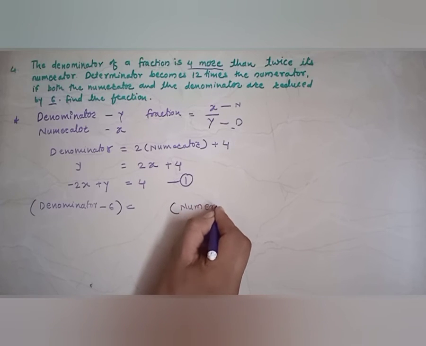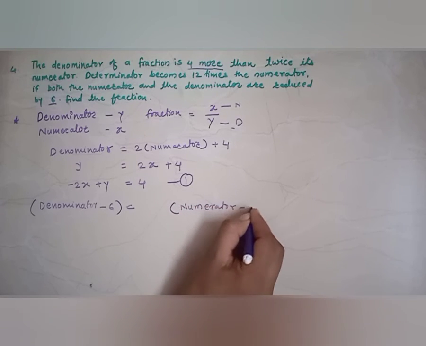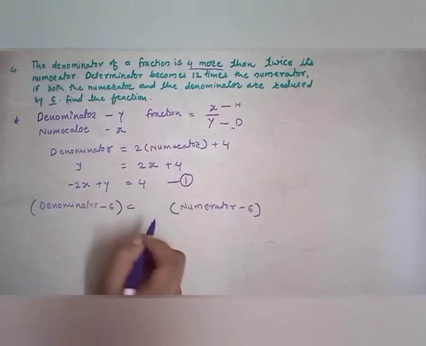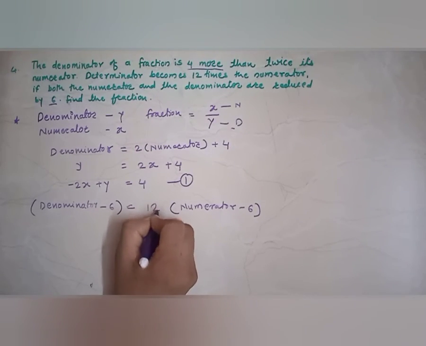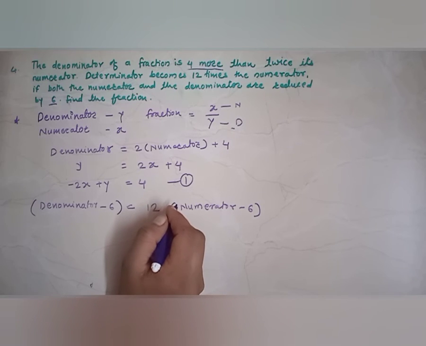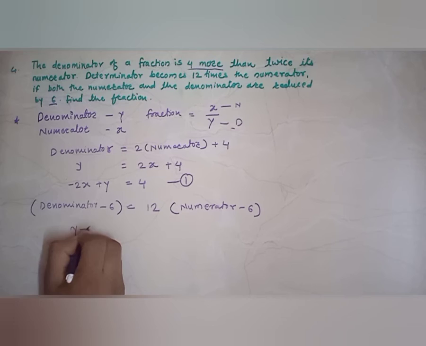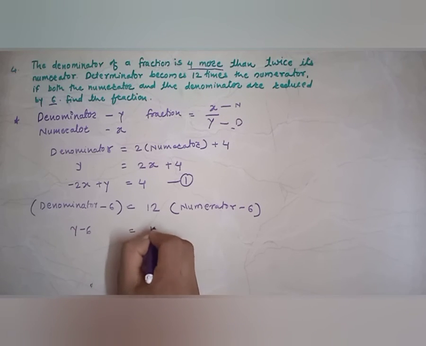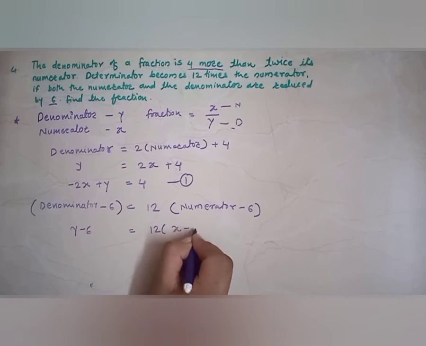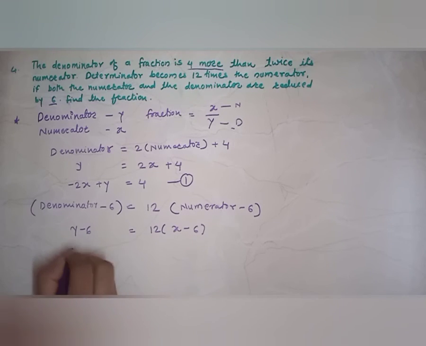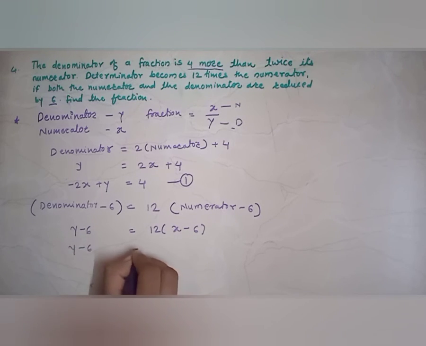In variable form: y minus 6 is equal to 12 into x minus 6. Then rearrange this equation.